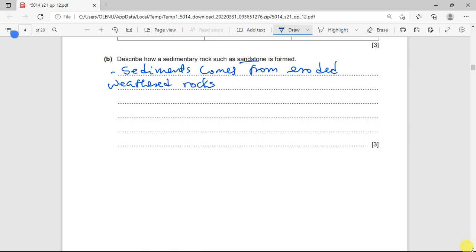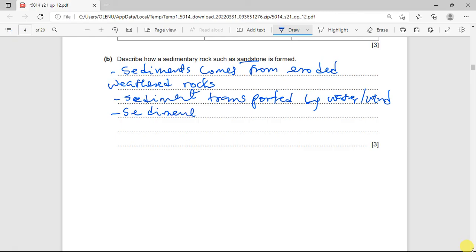Once the rock is weathered, which can be igneous or metamorphic rock, the sediment will be transported by water or wind, whichever.